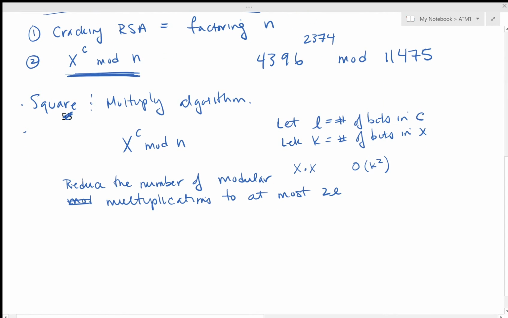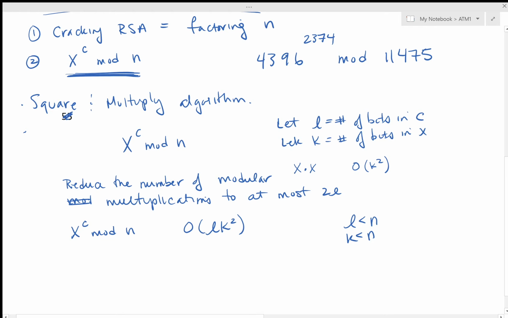Each one we do is going to be k squared, and we're going to reduce it down to 2L. That gives us the result that modular exponentiation will have cost O of L times k squared, where n is an upper bound, so n is greater than L and n is greater than k.